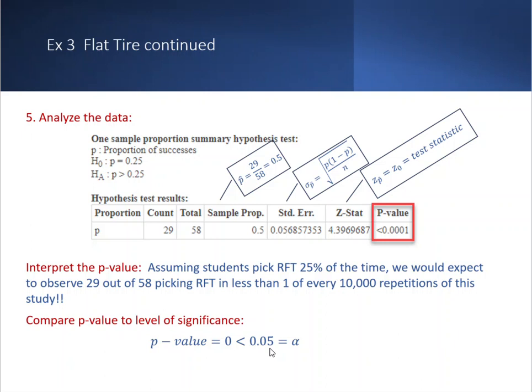We were not told in the original problem what alpha was, so we assume alpha is 0.05. So all that's left to do, now that I've analyzed the data using StatCrunch or some sort of technology and interpreted the p-value, is to make a conclusion. So how do I go about doing that?